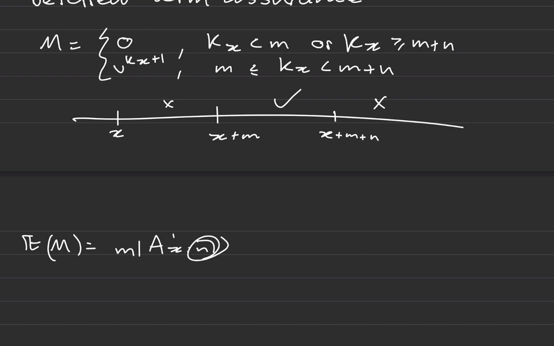N, because the term of this contract is n years. The active term, when they can get paid, between x plus m and x plus m plus n, is n years. And I'm going to defer this term assurance by m years. So the term assurance will only come into force after they're aged x plus m. So the n years happens after m years. Okay.